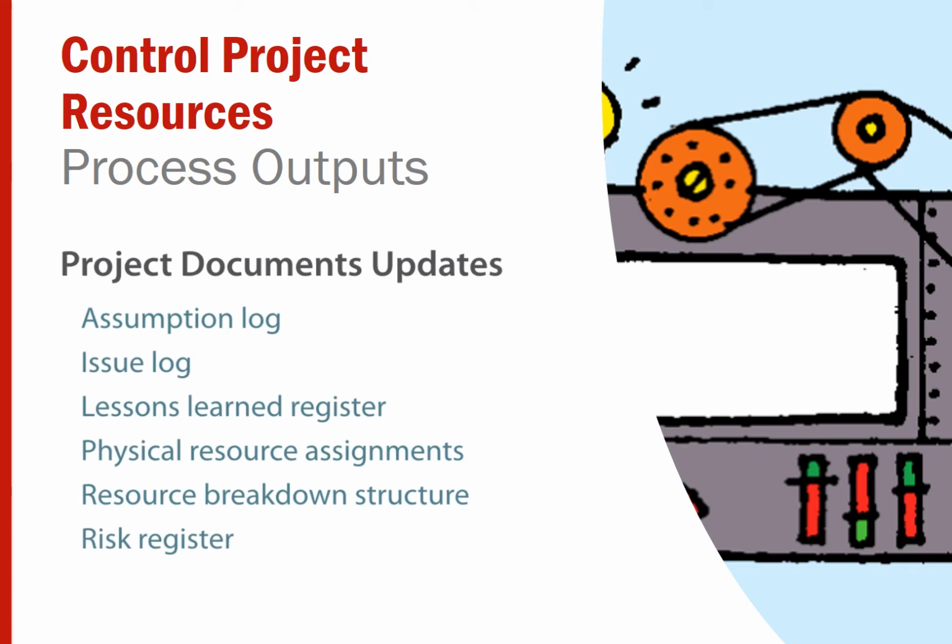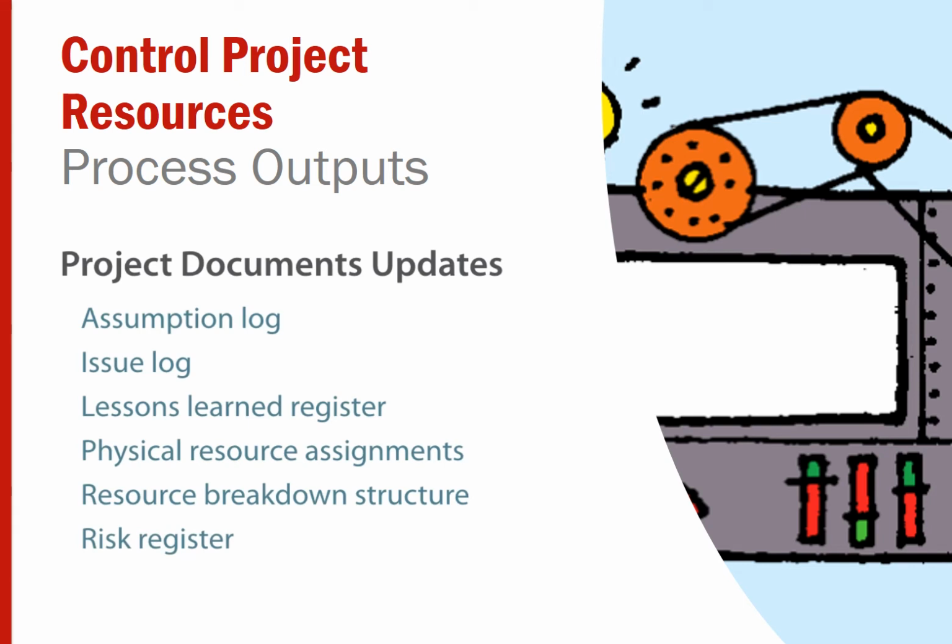New issues raised as a result of this process are recorded in the issue log. Third, lessons learned register. The lessons learned register can be updated with techniques that were effective in managing resource logistics, utilization variances, and corrective actions that were used to respond to resource variances.